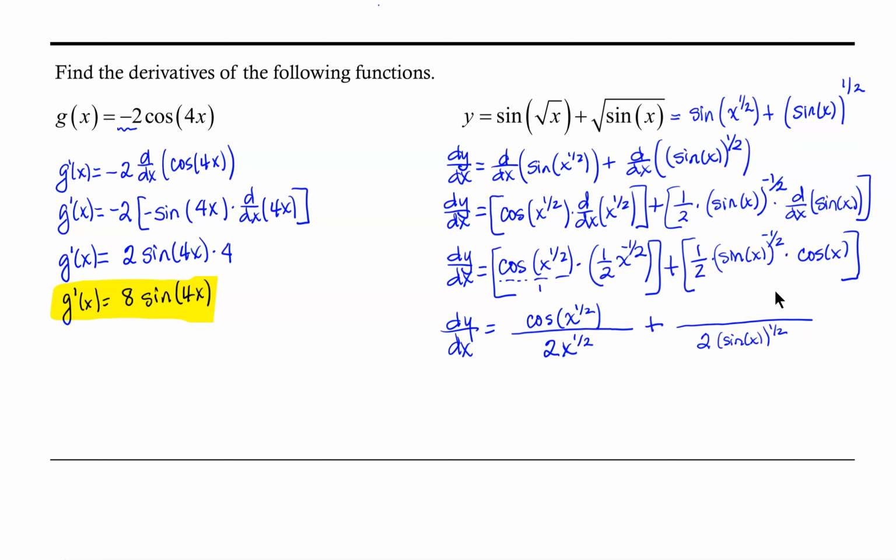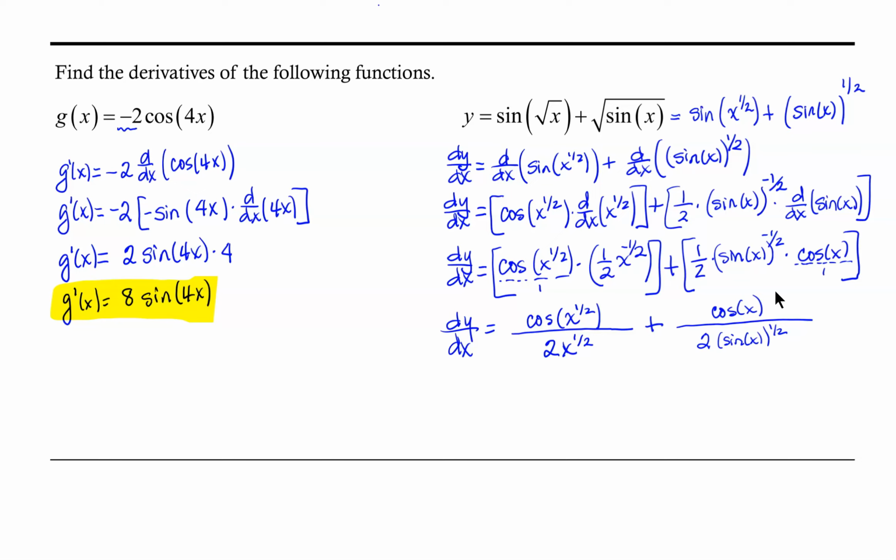And we can think of this cosine of x as being over 1, so it remains in the numerator. And at this point, there's really not a lot of other simplification that can be done, so that's a perfectly fine representation of the derivative.